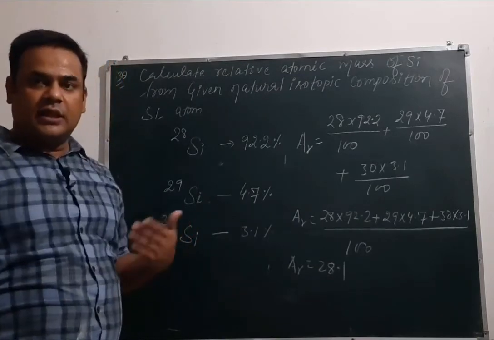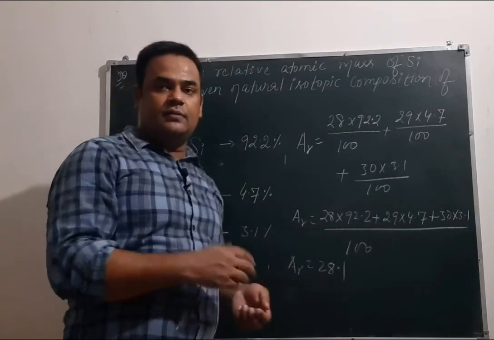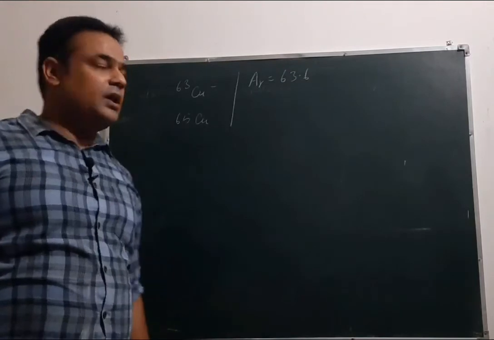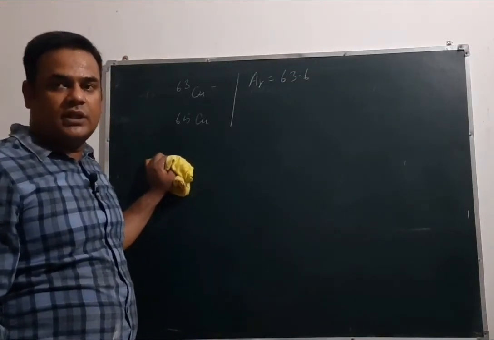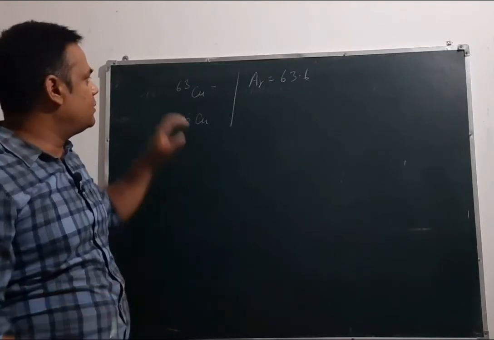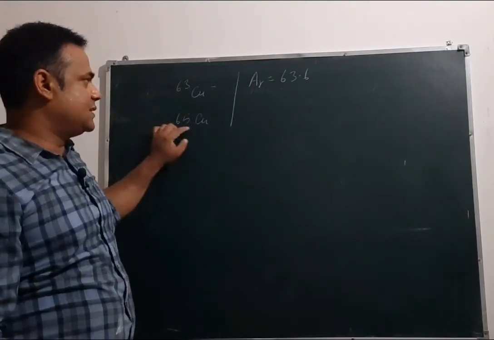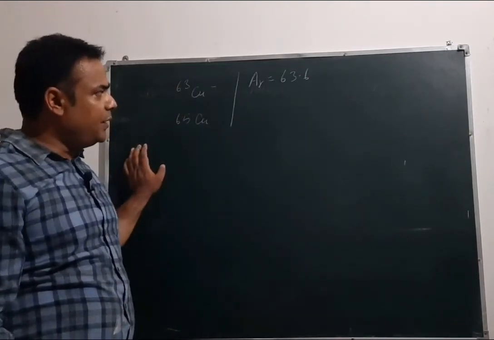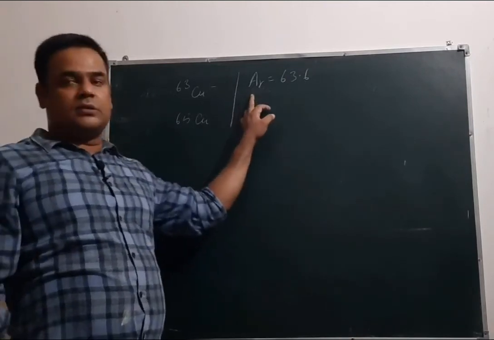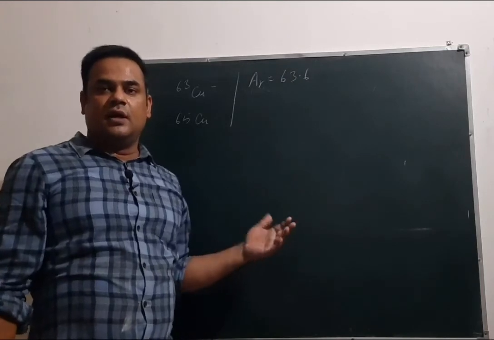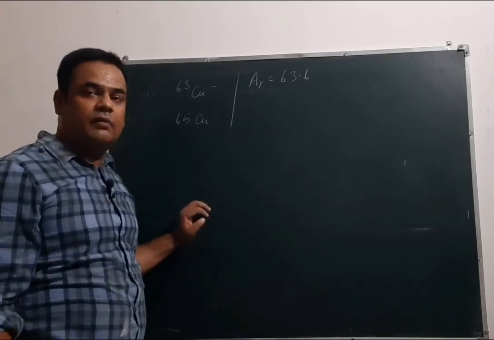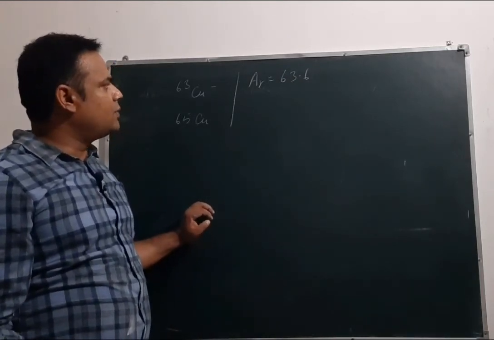We'll see in one question how to find the percentage composition. Now see, the question is: find the percentage composition of 63 Cu and 65 Cu if the relative atomic mass of copper is 63.6. If the question is just reversed, how will we solve it?